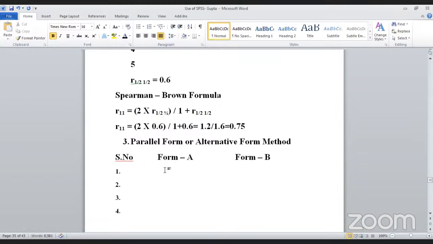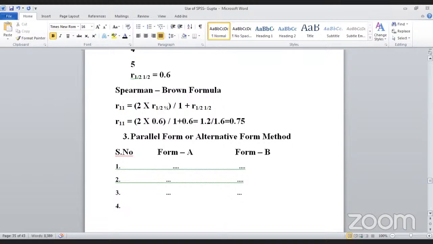You have their score on form A and the score on form B. Now, for the second person, you have the score on form A and the score on form B. For the third one, likewise, you have the score on form A and on form B. So you will have 2 sets of scores, form A and form B.